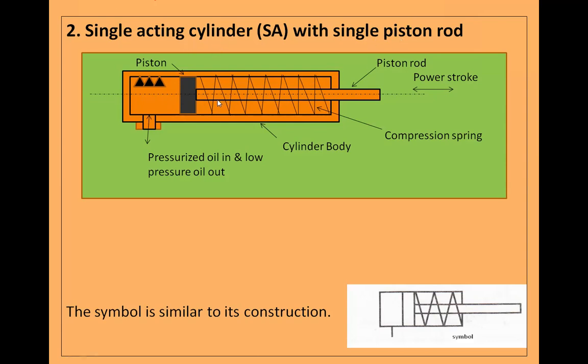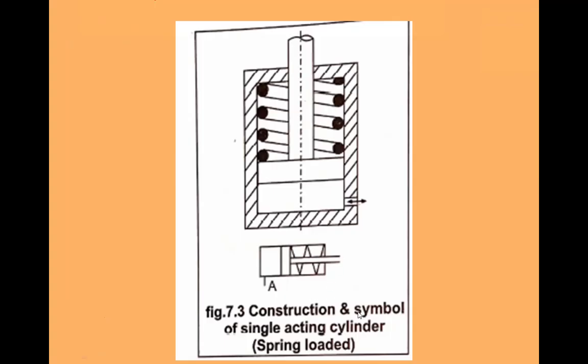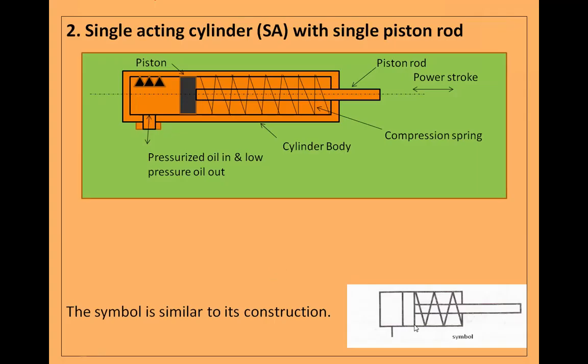You can see in this image also that a single piston rod is used. As per the ISO standard, the standard symbol to represent a single acting cylinder with spring loaded is like this.